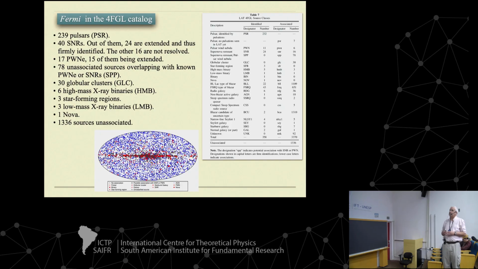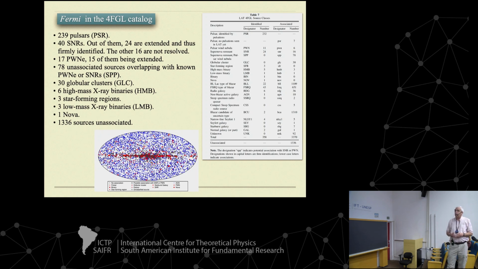Then we have many pulsar wind nebulae. 15 of them are extended, so they are resolved by Fermi. And then we have a large number of associations where it's not clear whether a supernova remnant or the pulsar inside the supernova remnant is producing the gamma rays we are observing. So these are composite sources.